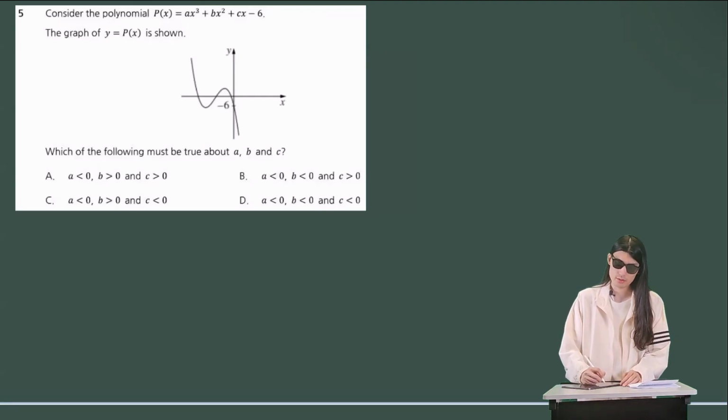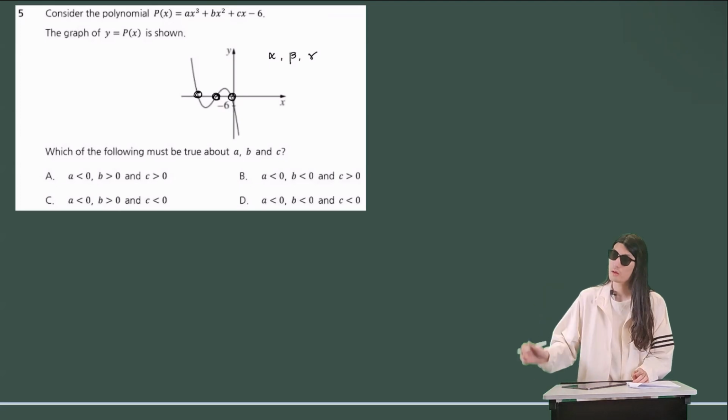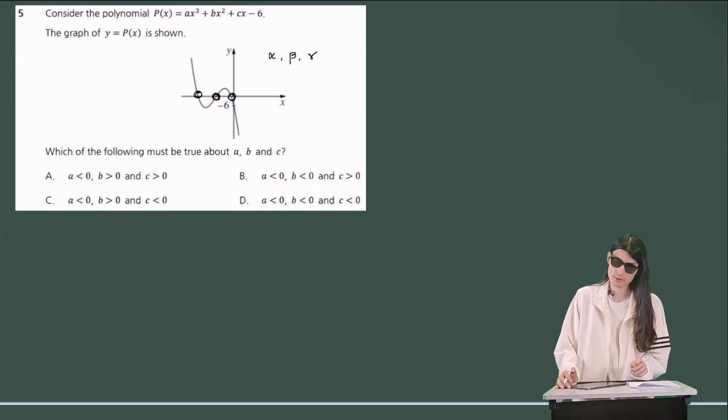Let those roots be alpha, beta, and gamma respectively, to begin. And what we can see from the graph, especially from where the roots are located, I've just circled where the roots are located, haven't I?